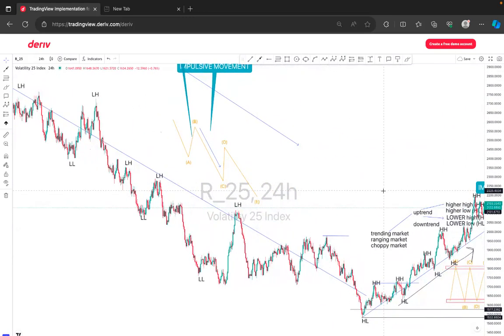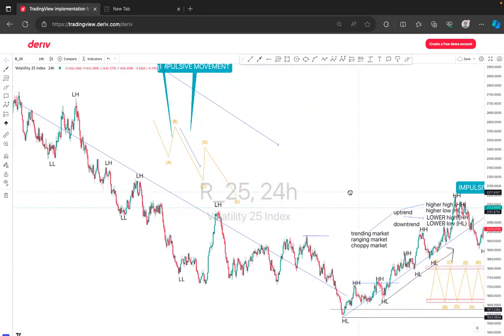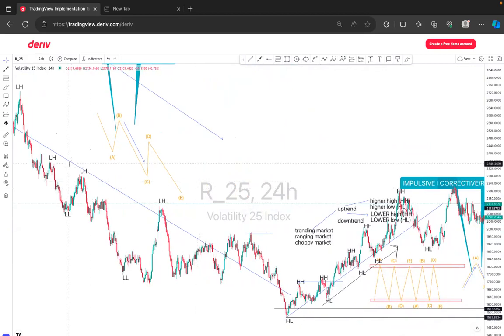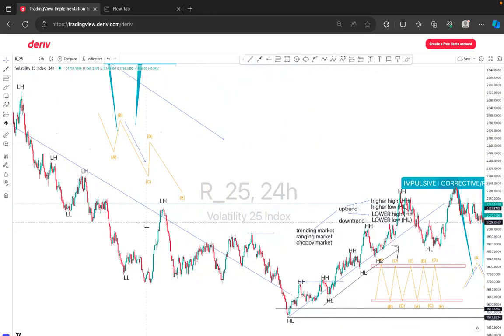A very good example of what we have here was the market coming from the downtrend already. When it came here, we were having a series of equal lows. We call them equal lows because they are equal. Instead of creating another lower low, there are equal lows.